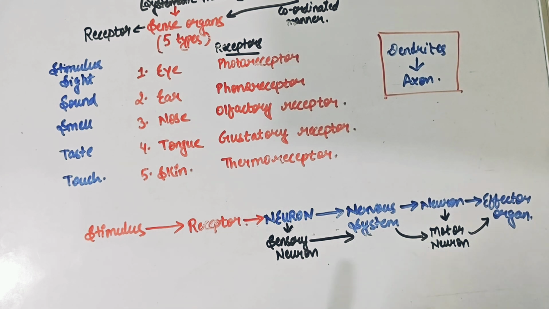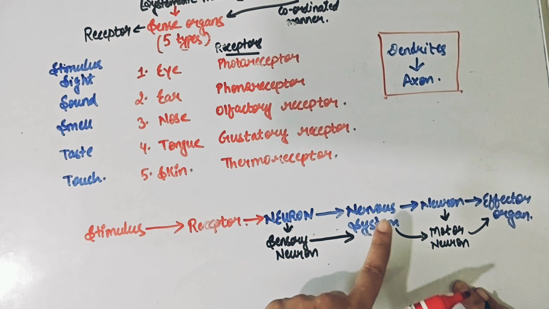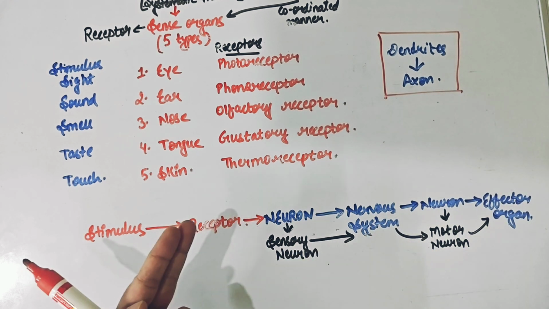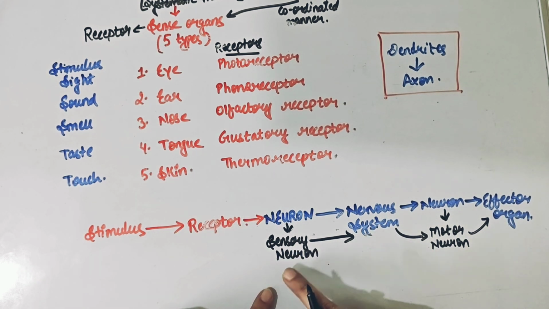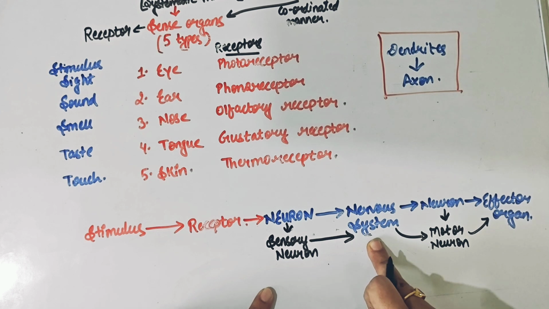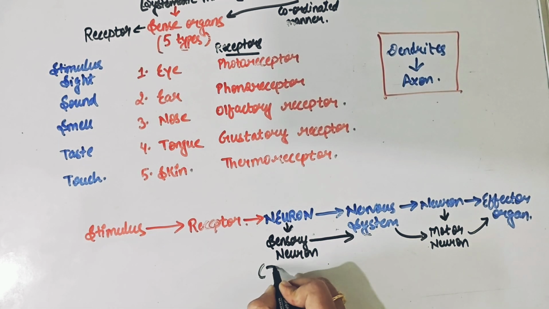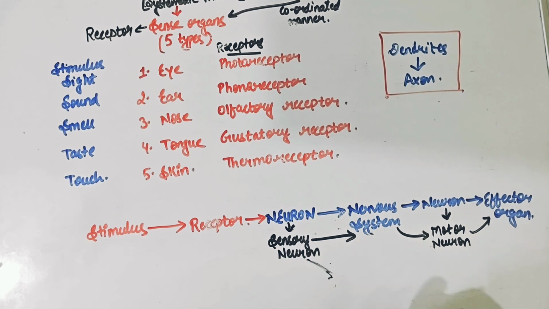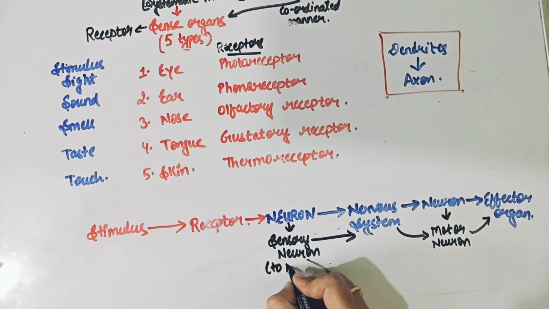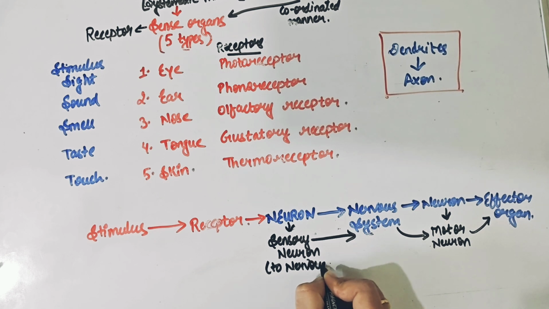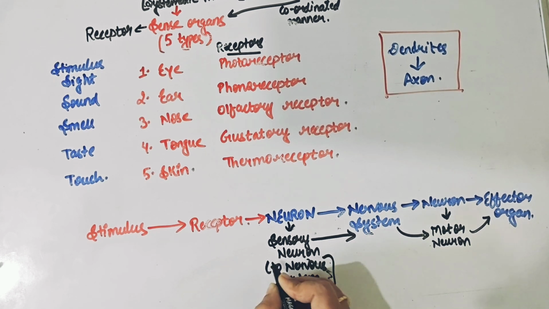So remember the difference. Neurons are the structural and functional unit of nervous system, but neurons' jobs are different. The ones which are going to send the message to the nervous system are known as sensory. And what is motor going to do?